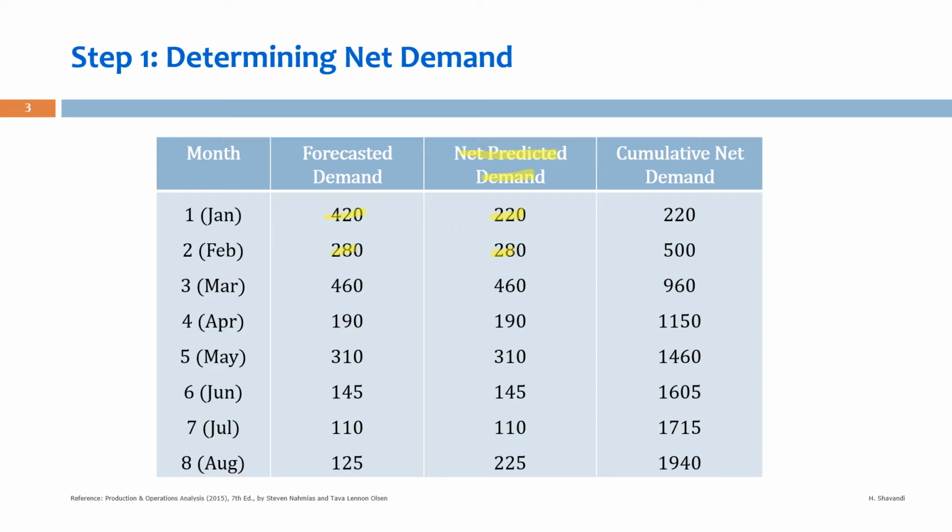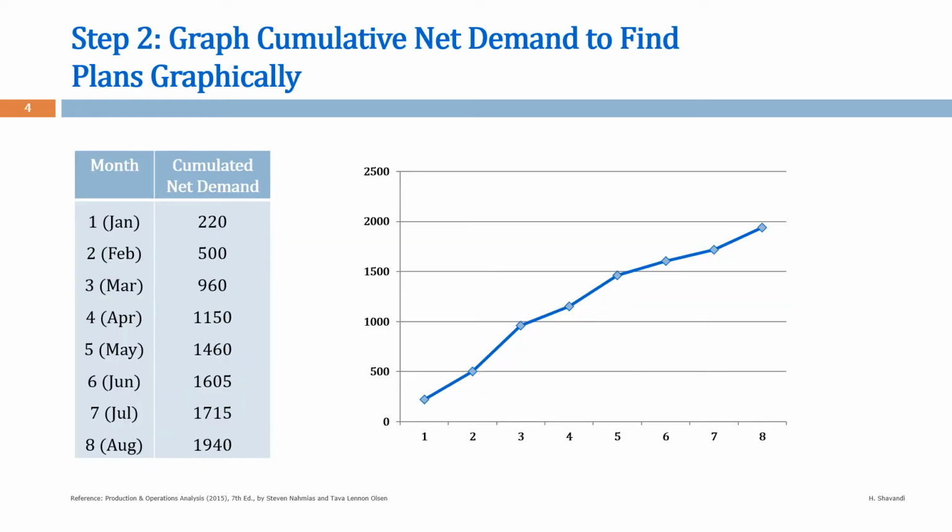And here we calculate the cumulative net demand. So we add up the demands over the months, and as you see here, in total over the 8 months we need to produce 1940 items. And here we have the graph of the cumulative demand over the 8 months.